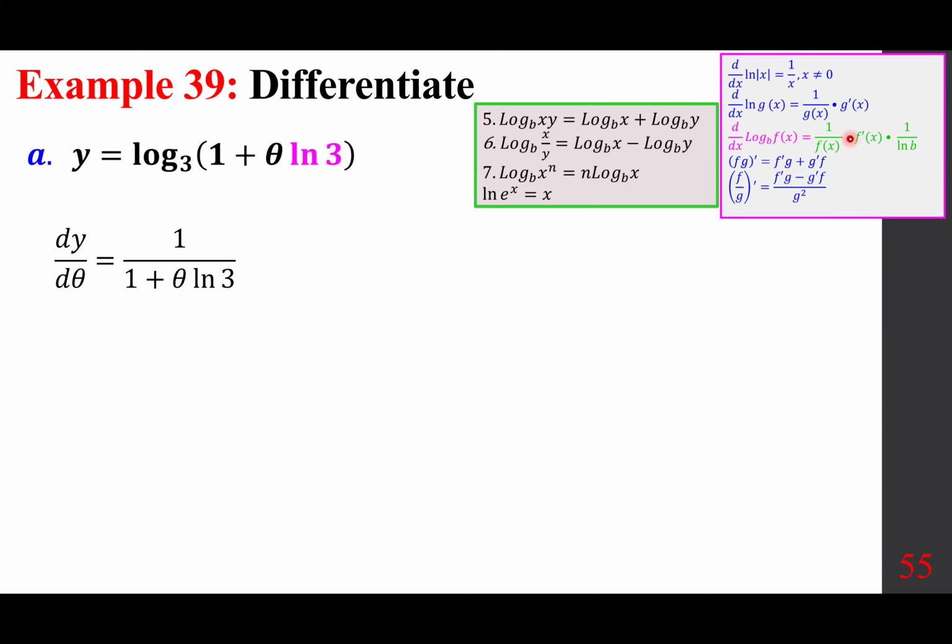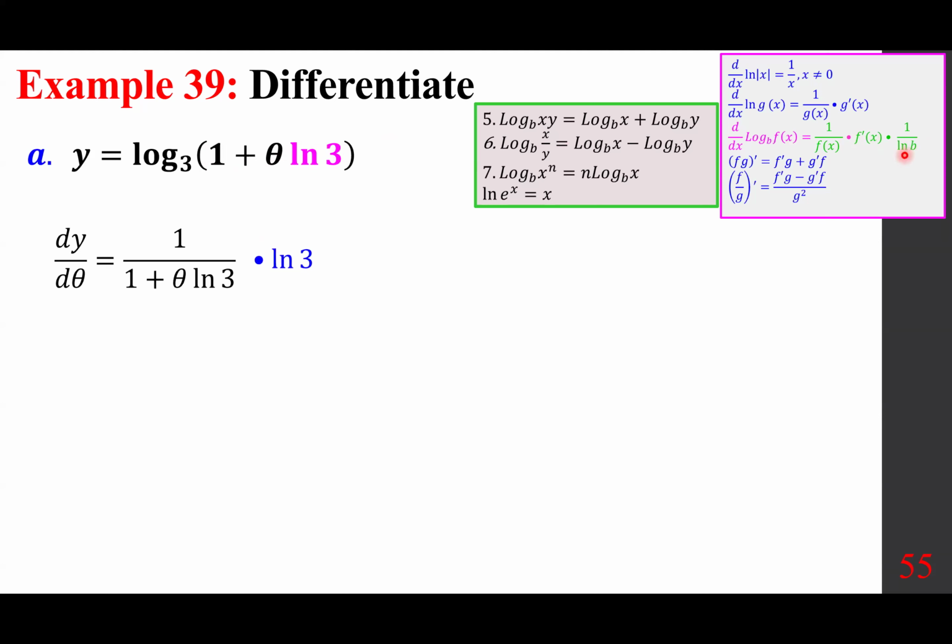Then we need f prime of x. We want f prime of theta. This one is 0. This one is just ln 3. So f prime of theta becomes ln 3, everybody.